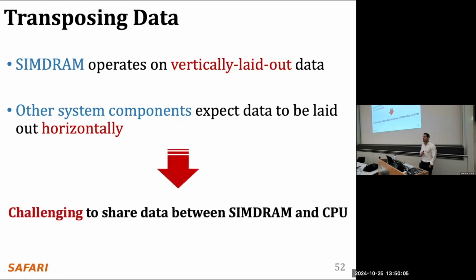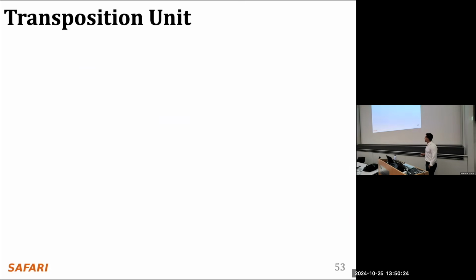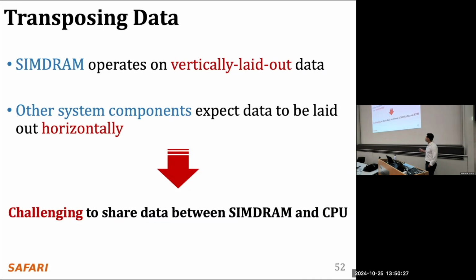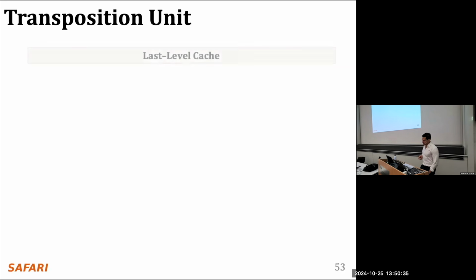But at the same time, you don't want to store all of your data in a vertical data layout in the system. There is a reason why we store data for the CPU in a horizontal data layout, because we want to exploit the memory level parallelism of your DRAM model. So we don't want to break that abstraction as well. So basically, we have this challenge that we need to switch between SIMDRAM data in a vertical data layout and CPU data in a horizontal data layout inside the same application.